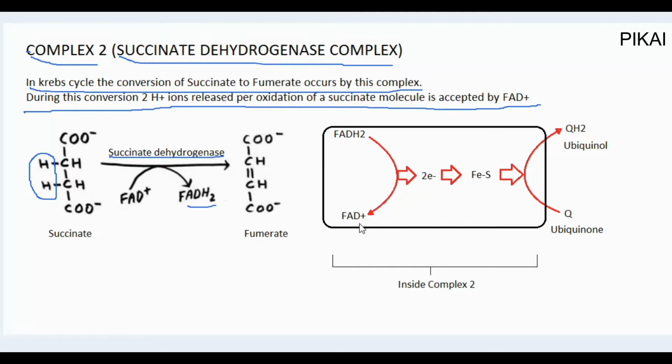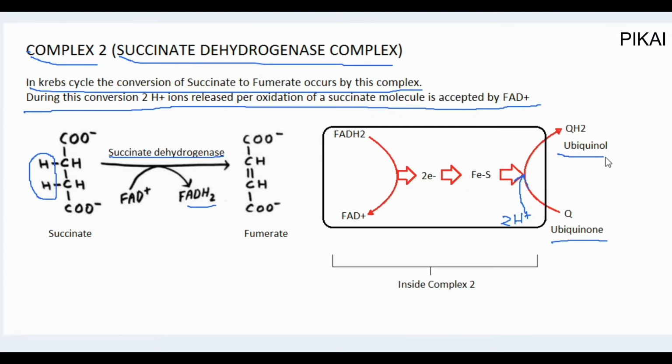During this conversion it gives up its two electrons to the iron sulfur complex, and this iron sulfur complex gives its electrons to the mobile electron carrier, ubiquinone, along with the addition of hydrogen atoms. This addition of two hydrogen atoms along with two electrons converts ubiquinone to ubiquinol, its reduced form.